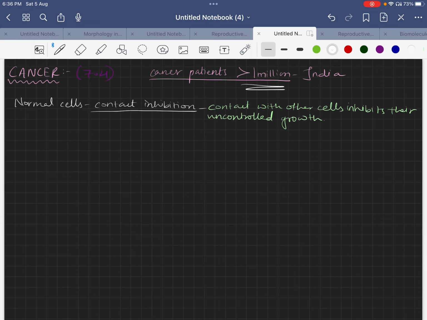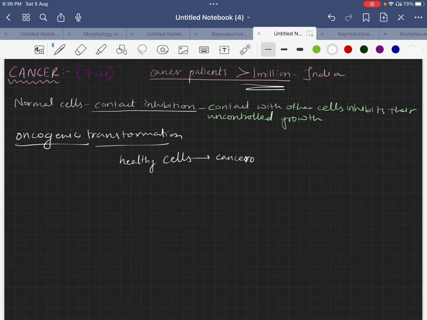Okay. The mechanisms that underlie the development of cancer, or oncogenic transformation of cells. Now, this word oncogenic transformation, it's what it's called when normal healthy cells are changed into cancerous cells or oncogenic cells. So oncogenic is another name for cancerous.